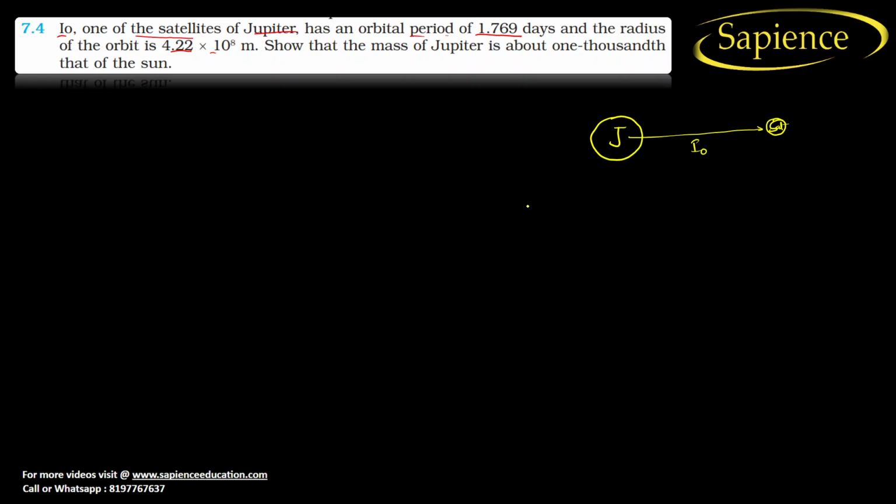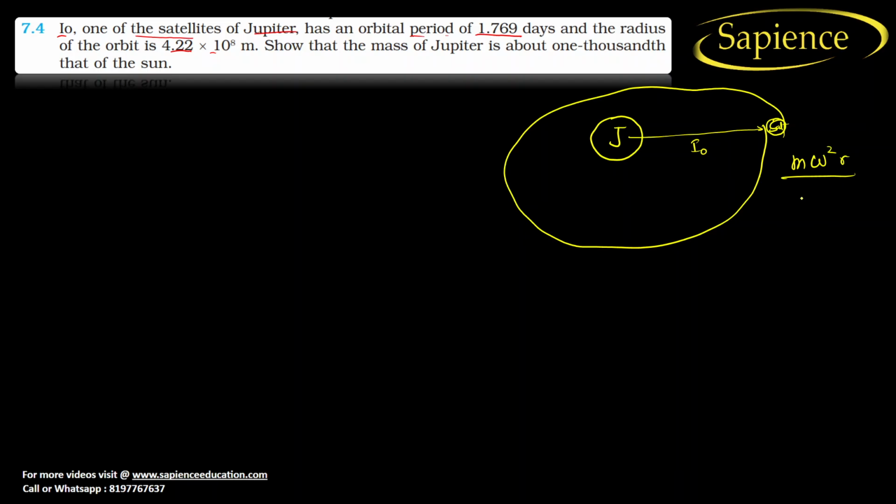Now due to the attraction of Jupiter, it revolves around Jupiter. So we can write m, the mass of the satellite, omega square r, because it is doing a circular motion.